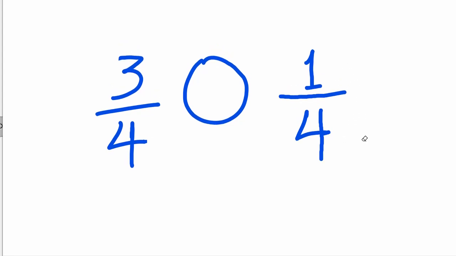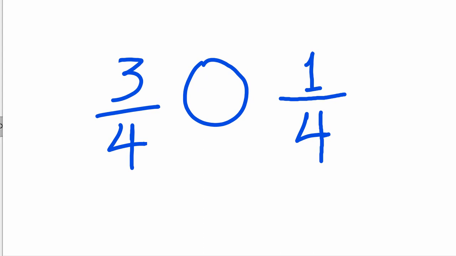We need to compare these two fractions. To compare them, we can use fraction strips. And the first thing to think of, what is the unit fraction that we need to use? The unit fraction, we find it using the denominator. The denominators here are 4. So we need 1/4 as a unit fraction.